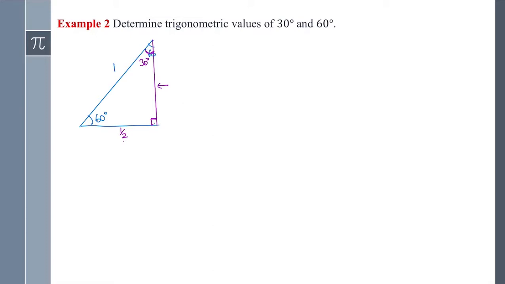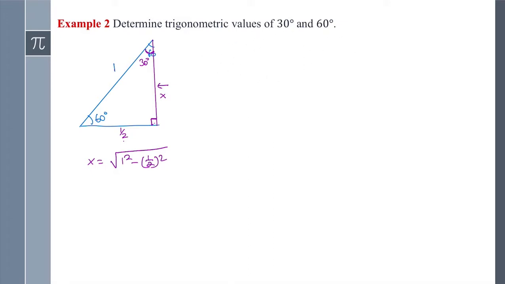So that means this side, let's say it is x, and we can find x equals the square root of 1 squared minus 1/2 squared using the Pythagorean theorem. You know that it is c squared equals a squared plus b squared. And then if you're finding a or b, then you subtract from the hypotenuse squared. So that's what I did here. I know you already know this one.